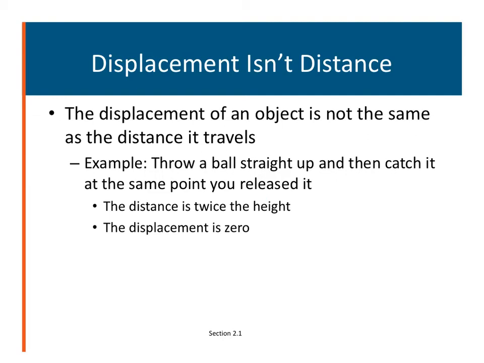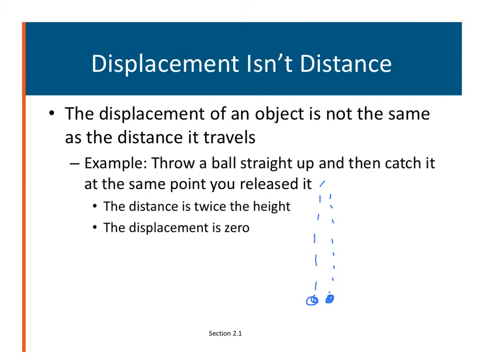Okay? So, for instance, let's say we throw a ball straight up and then catch it. So if we throw a ball straight up into the air and then it comes back down and we catch it in the same position, what is the change in position? Well, it's zero. There is no change in position because it left our hand and then it came back to our hand. So where it started is the same place it ended. However, the distance traveled is different.